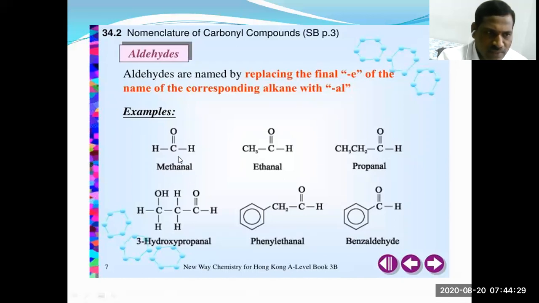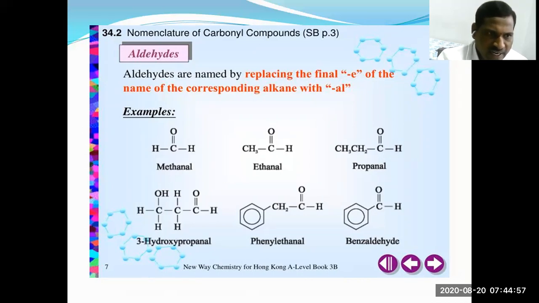The alkane name is methane. Instead of E replaced by al, you get the IUPAC name of this aldehyde, methanal. So the name of the compound is methanal in the IUPAC nomenclature.